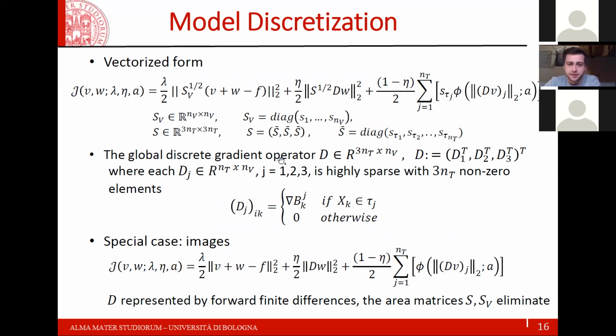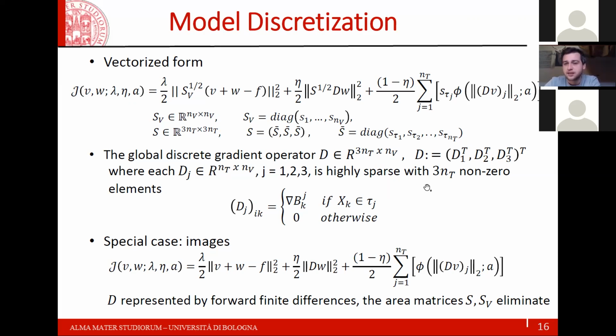As well, the global discrete gradient operator can be represented by a matrix D that has dimensions 3 times the number of triangles by the number of vertices.